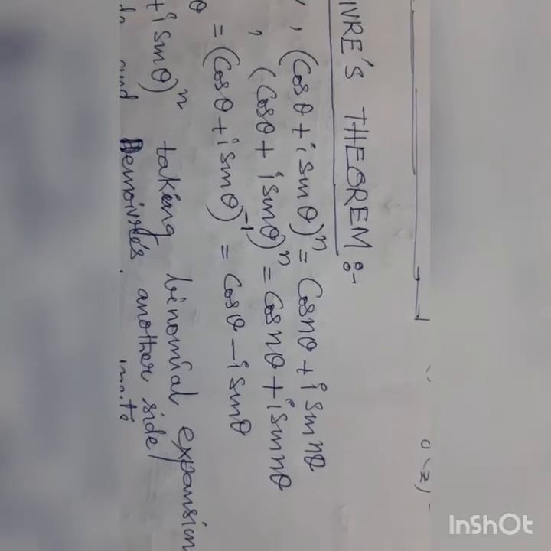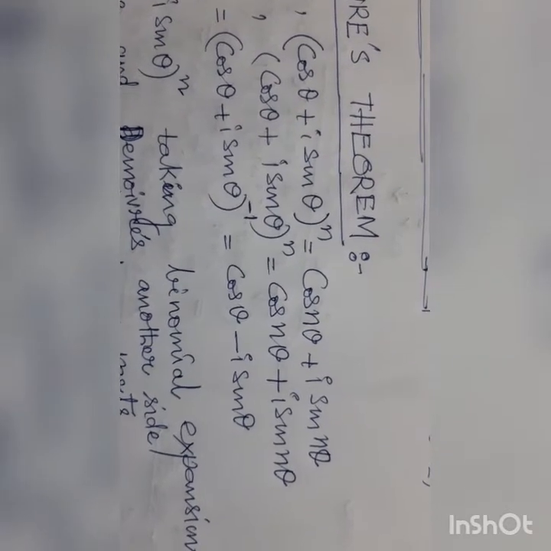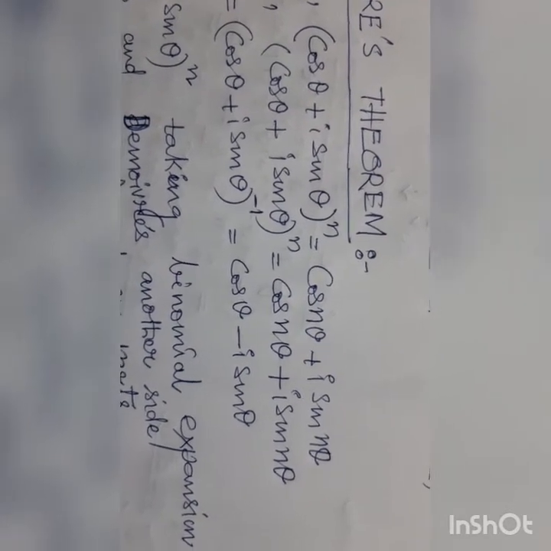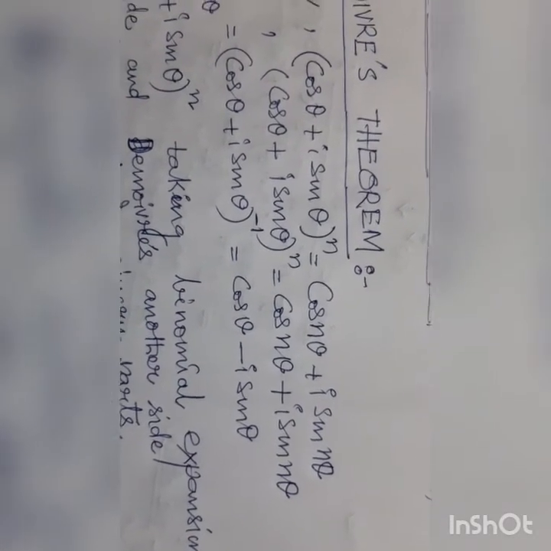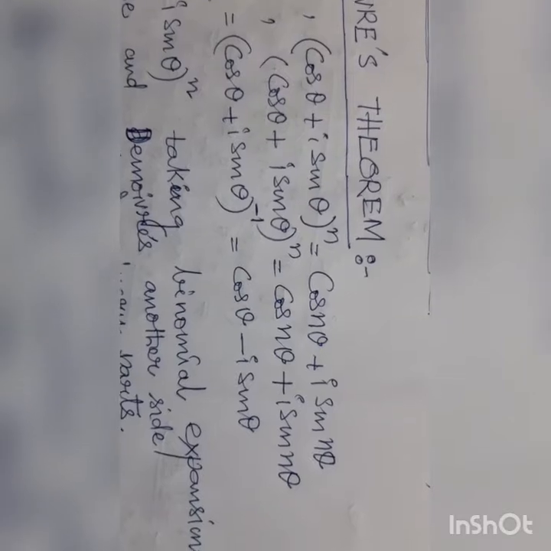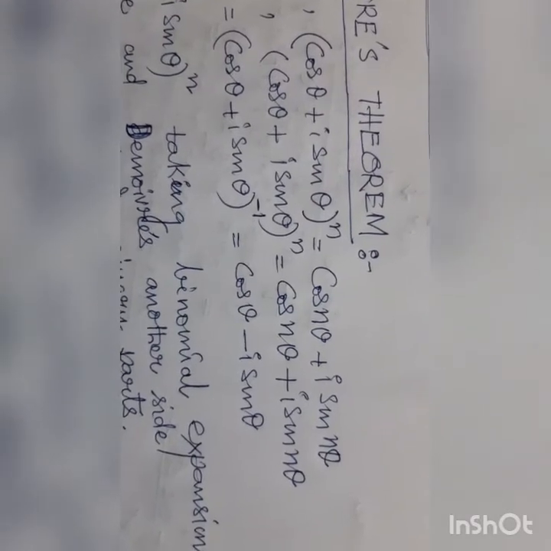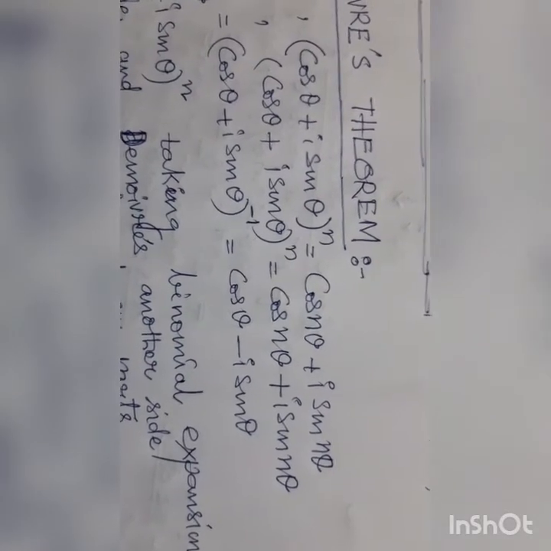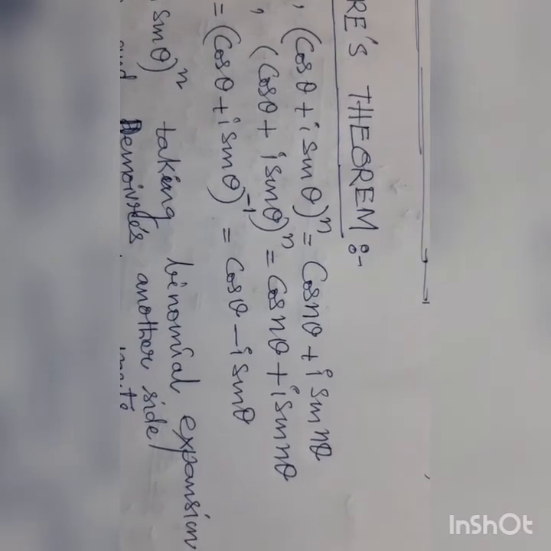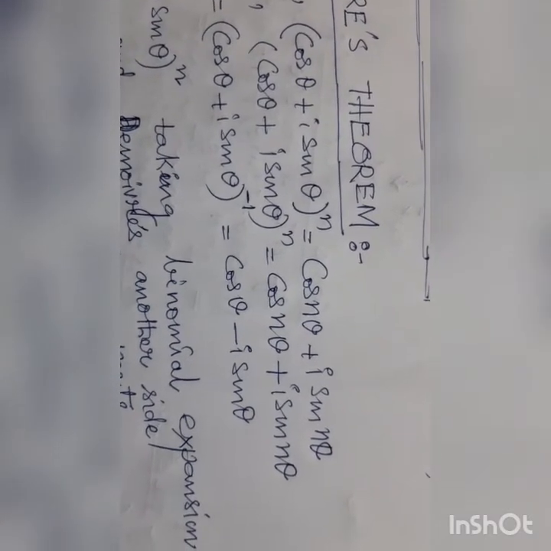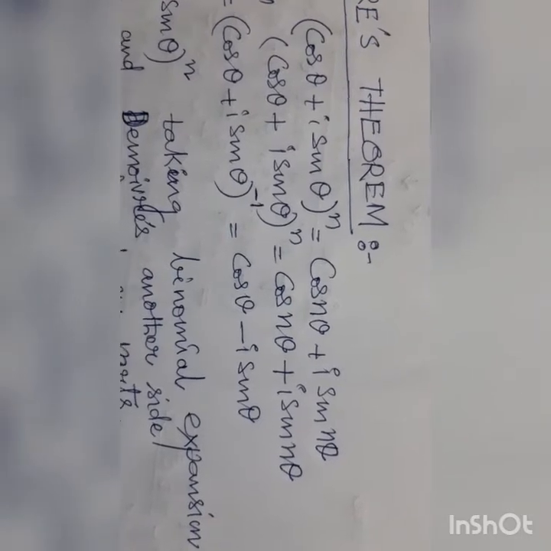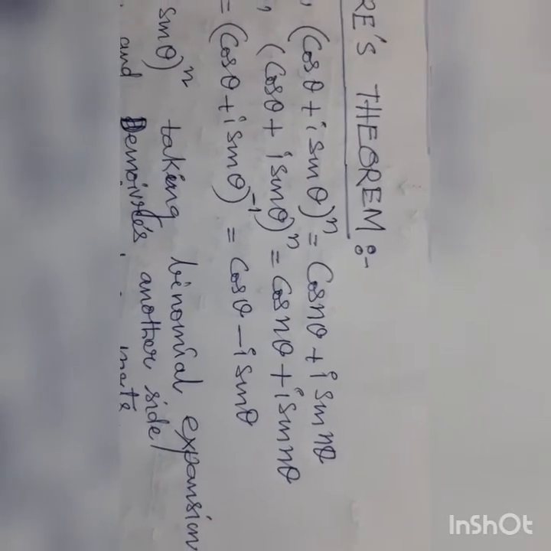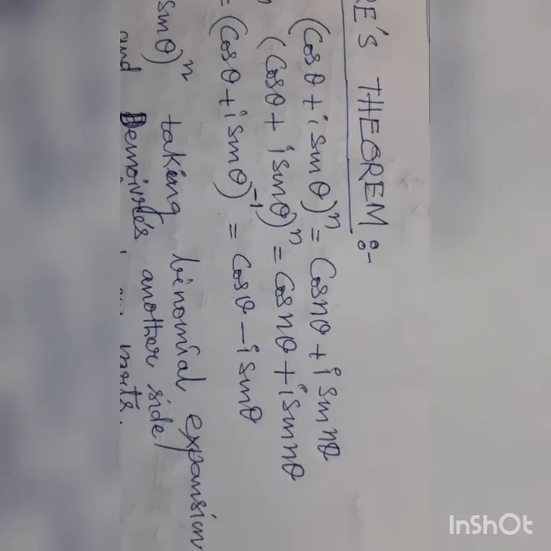Only the theorem result is necessary for the exams. The theorem result is that the index or the power of the binomial should be multiplied with the amplitude or argument of the complex number, that may be theta.